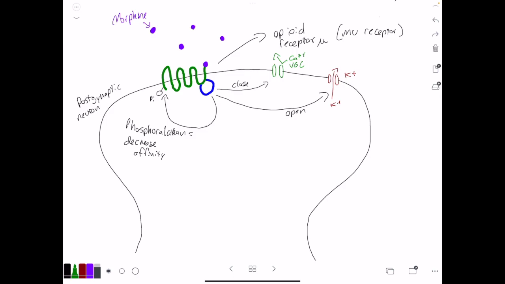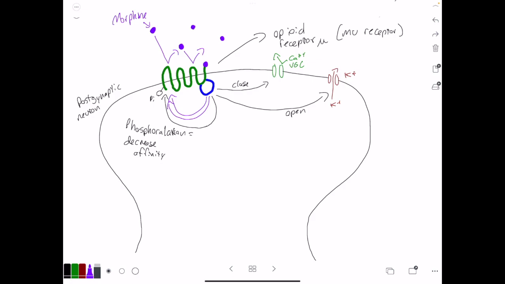But as we see over time, it takes more and more of these opioids to induce the same response, because as our receptor becomes more and more desensitized to it, that means that we get a decreased affinity for the morphine.